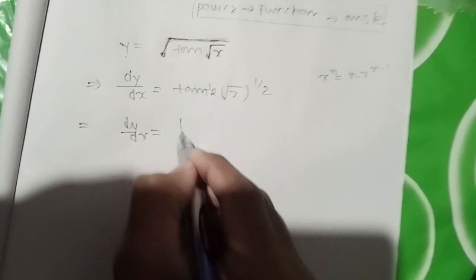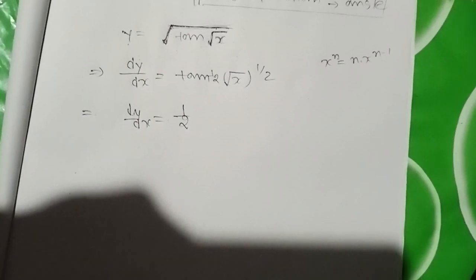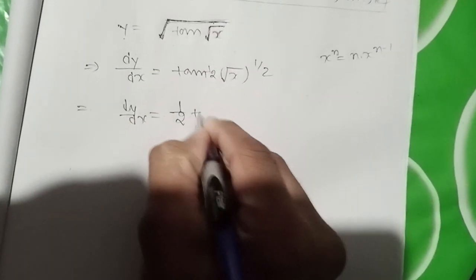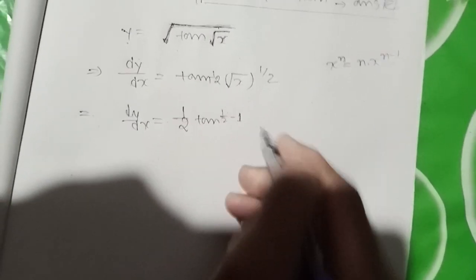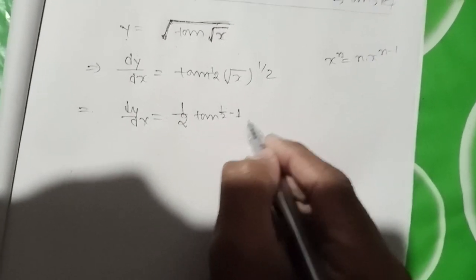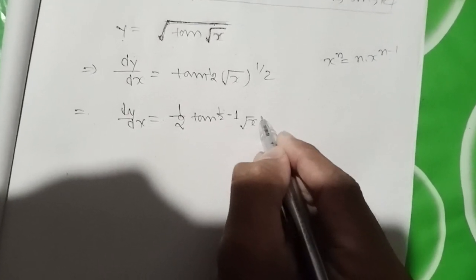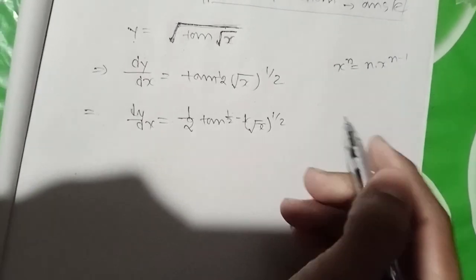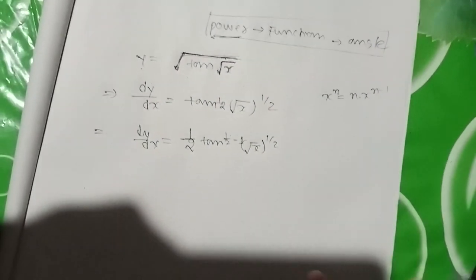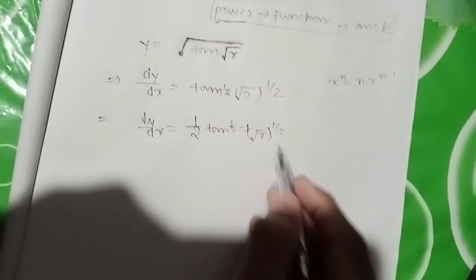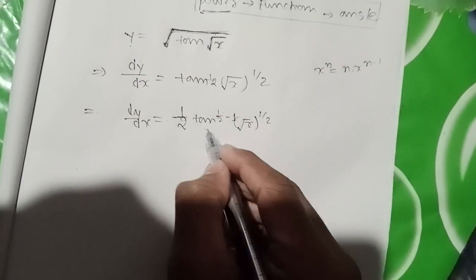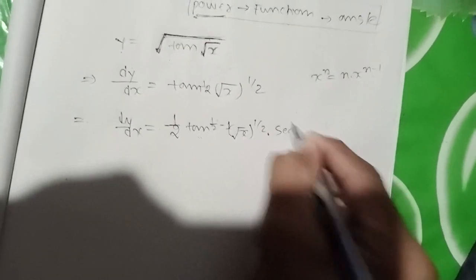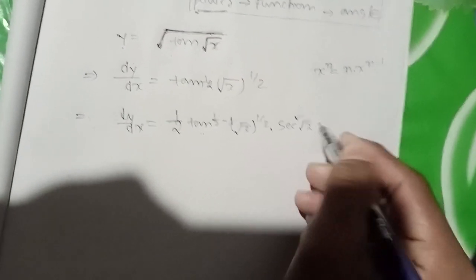So the power comes in front of the function tan, and 1 is subtracted from the power, and this angle we need to write as it is, not to be changed. 1 by 2, this is the concept of power which I applied here. And then the function, the derivative of the function tan is sec square x. This is the angle also.